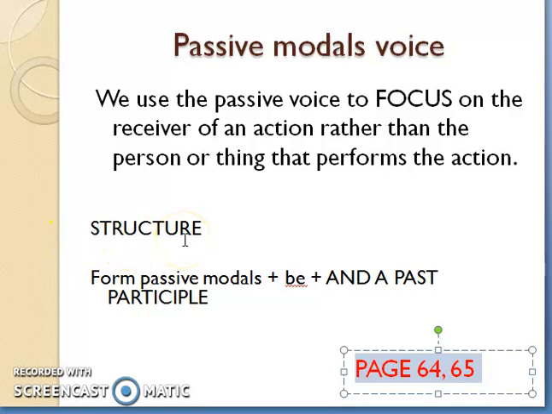For the passive modal voice, we are gonna use passive modals, be, and a past participle. We are gonna use the verb in past participle. Remember pages 64 and 65.